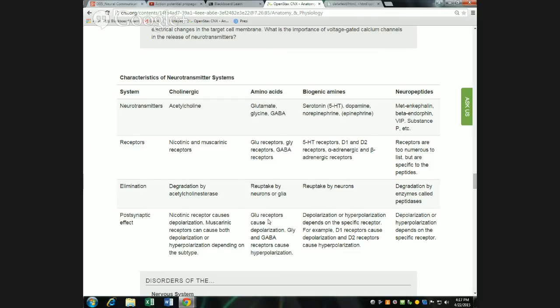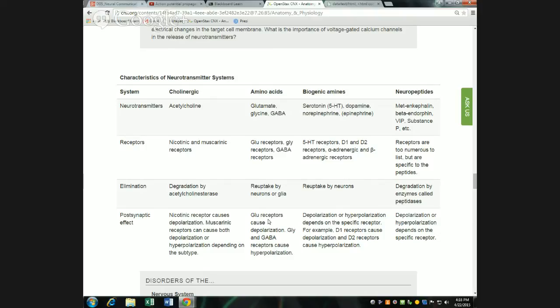Glycine is a system unto itself, and it's called the glycinergic system. And then GABA is an abbreviation for a longer term that I'm not going to bother introducing because we just call it GABA. And in one of the more awkward word constructions, the system that involves the neurotransmitter GABA is called the GABAergic system, which is just kind of a weird way of putting it.